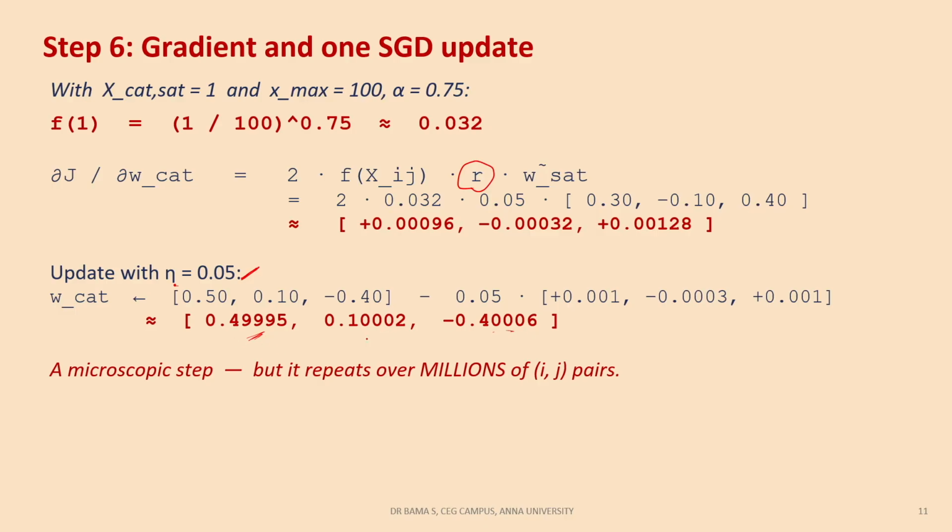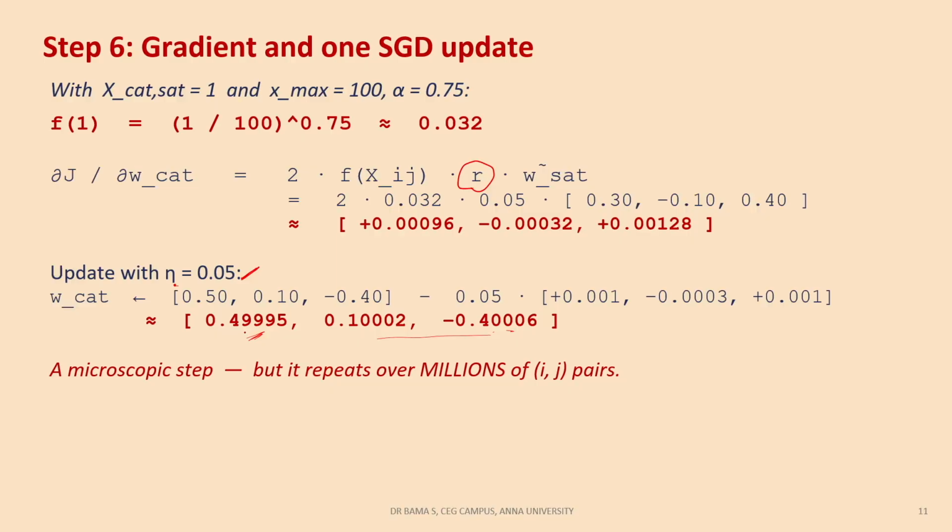If you see, these are very slight changes in weight, but if we repeat over a million iterations, this might improve. So at the end of training, we would get the embedding w cat to be like this.